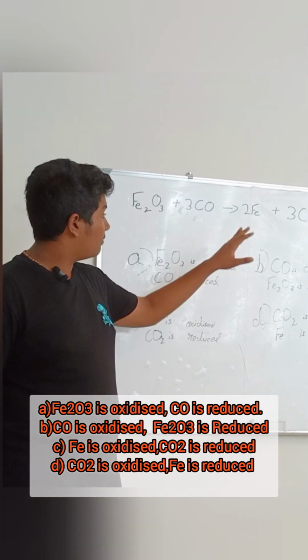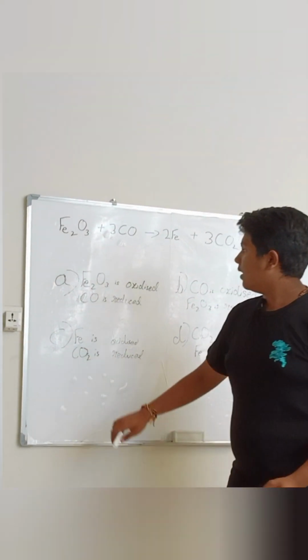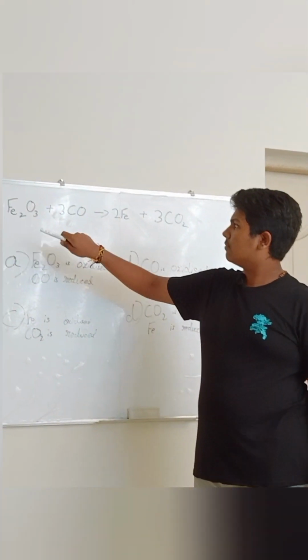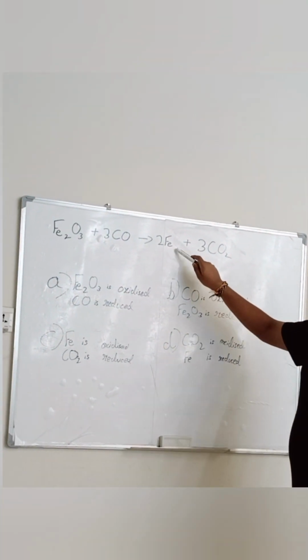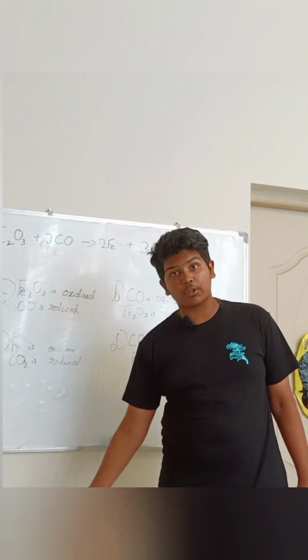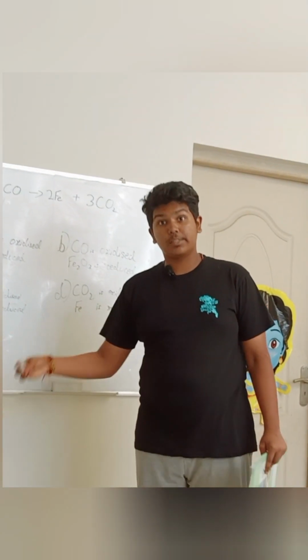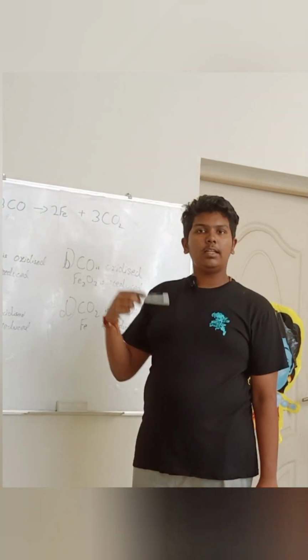It's mostly this one. How? Fe2O3 is oxidized. Is it oxidized when you see the product? No. Oxidized means given an extra oxygen. So is it given any extra oxygen?